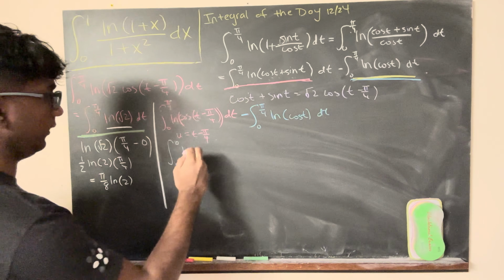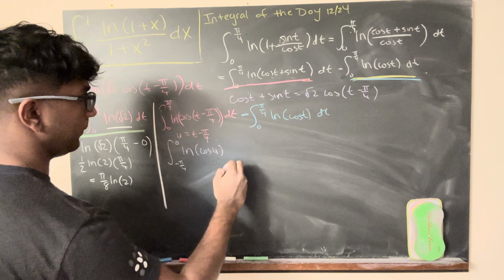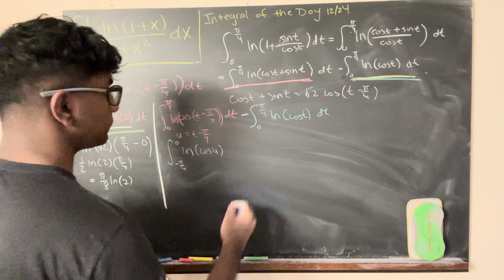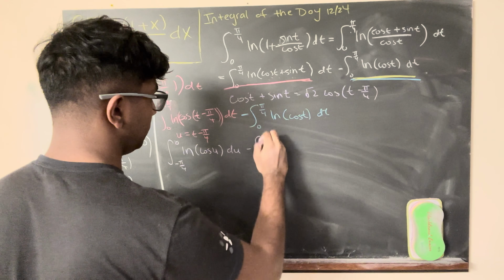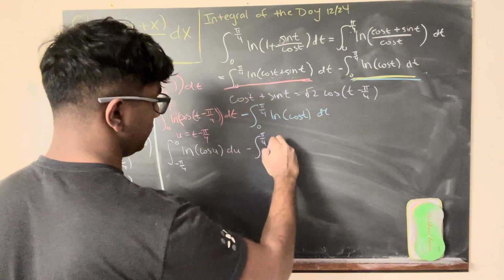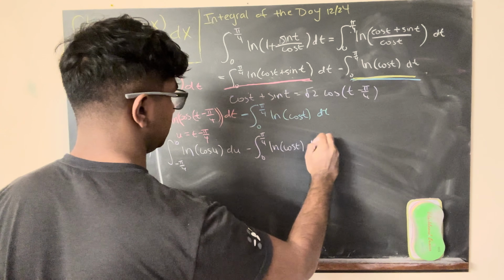So we have the integral of ln of cosine of u du, minus the integral from 0 to pi over 4 of ln cosine t dt.